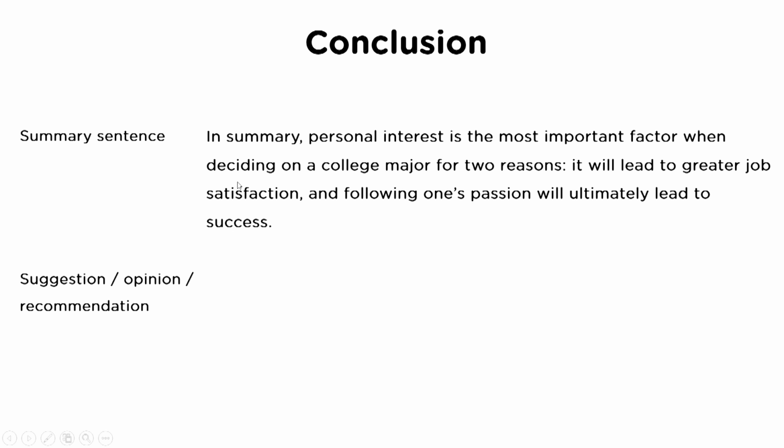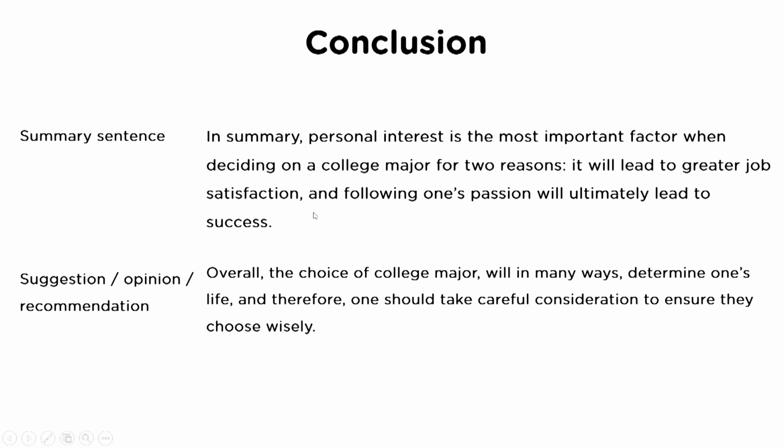So I've begun it with in summary, and I've stated my topic or my opinion, which is personal interest is the most important factor when deciding on a college major. Okay, so referring back to the question. And then I said for 2 reasons, and here I've summarized the 2 reasons. So first paragraph talked about job satisfaction, and the second paragraph talked about job success.